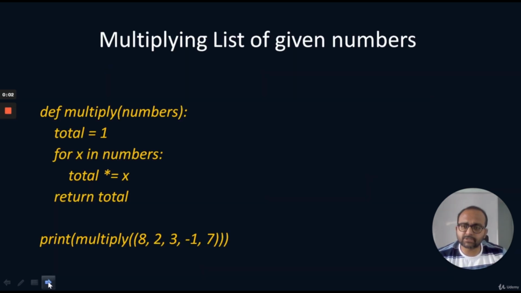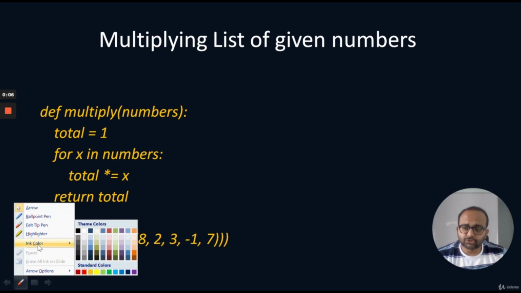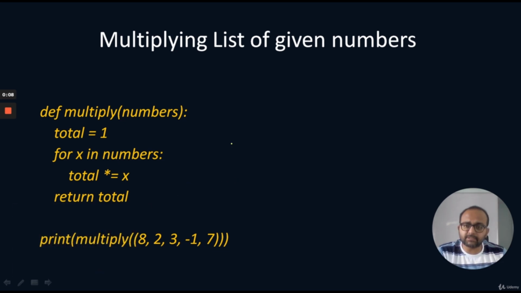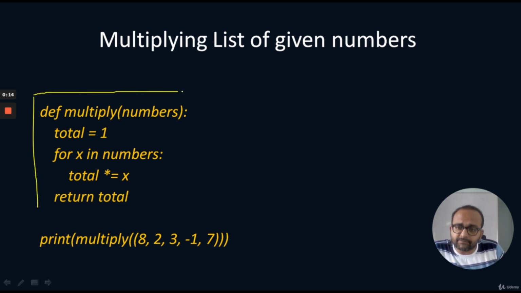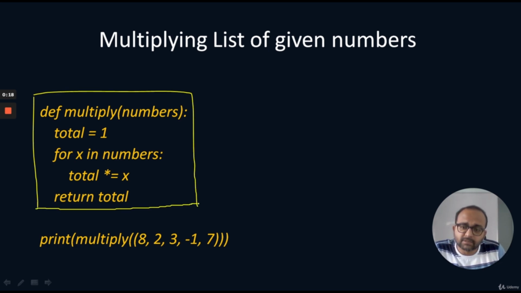So next one is multiplying a list of given numbers. First consider this example. Here we have defined a function called multiply, which takes a parameter as a list. You need to pass a list of numbers for this particular code. We are calling the function multiply, and these are the list of numbers that are passed.